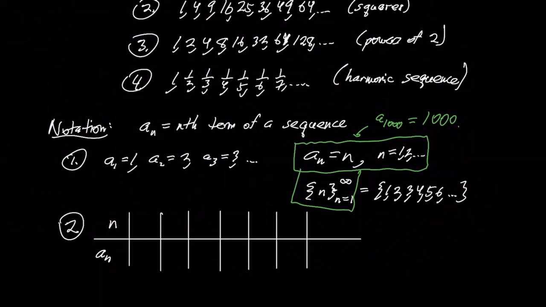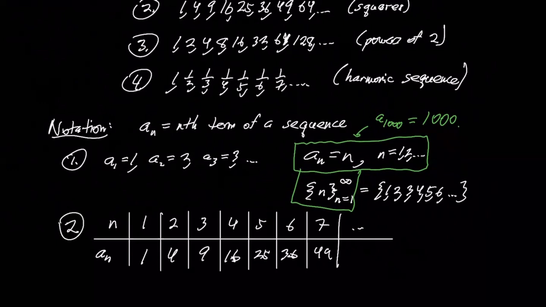Okay, so you start counting from 1, and you see 1, 4, 9, 16, 25. Did I get that right? Okay, I was afraid I skipped one on my list up there. And so on, right? And you can guess that in general, if I put an n here, then it's going to be n squared.